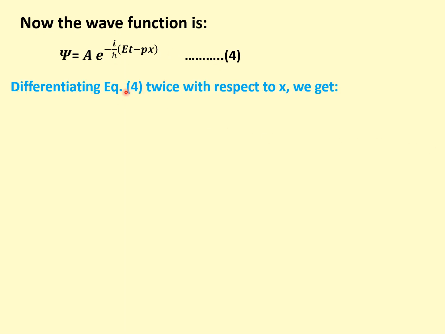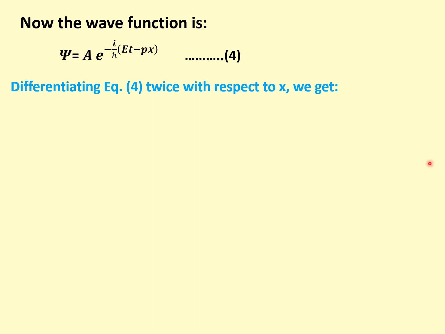and we differentiate this equation with respect to x two times. First we find d psi by dx, so it will be a e raised to power something, the differentiation of e raised to power x is e raised to power x, and then we have to take the differentiation of the exponent also.